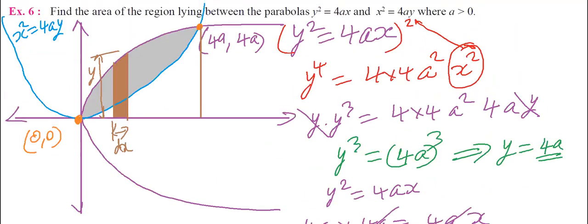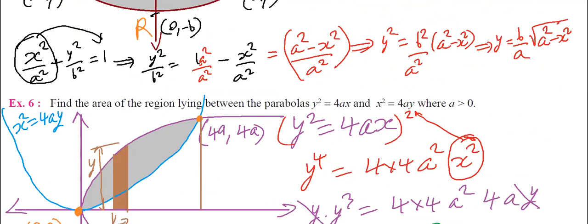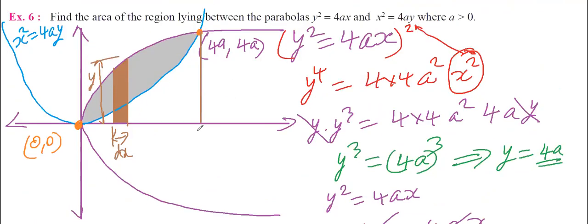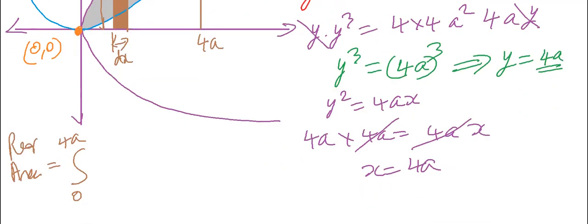So the required area will be integration from 0 to what will be that? 4a, right? Yes, this is 4a. Integration will be from 0 to 4a. Then my elementary strip is dx, so y dx. So I am going to write here y into dx.